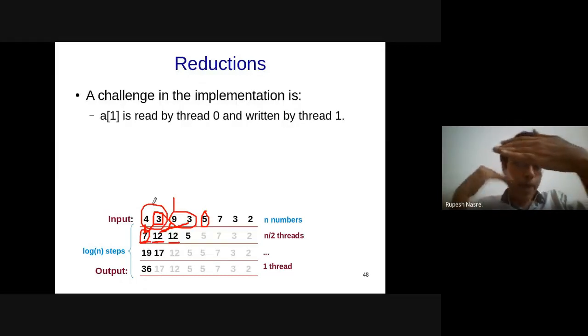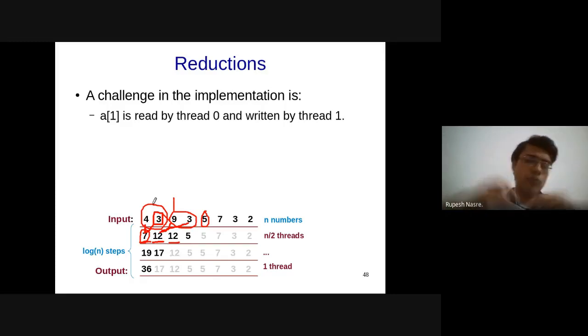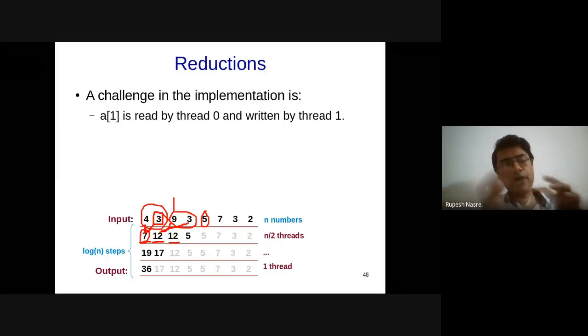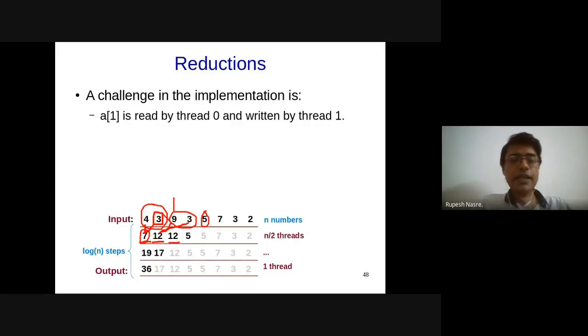Now I have a barrier, and then while writing, I compute the values using this temporary, and then I write at a of 0, and thread 1 writes at a of 1. Since thread 1 writes at a of 1, the original value 3 is already copied, and therefore thread 0 does not need that value, which is already copied to temporaries, and therefore thread 1 can happily go and overwrite the value 3 by 12.